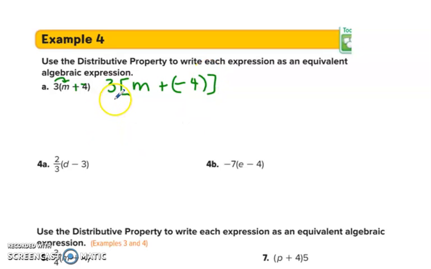So now we can go ahead and look at this another way. 3 times m is 3 times m plus 3 times a negative 4. Okay, maybe it's easier to see that way. So we'll go ahead and clean this up. We get 3m plus a negative 12.